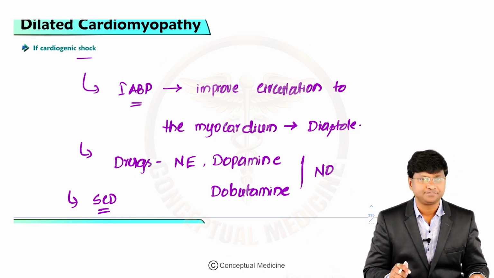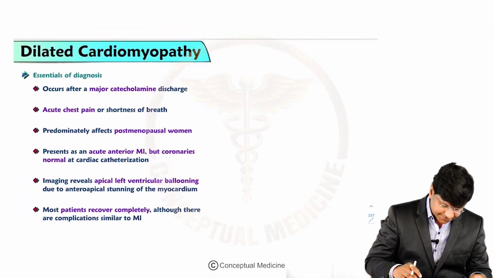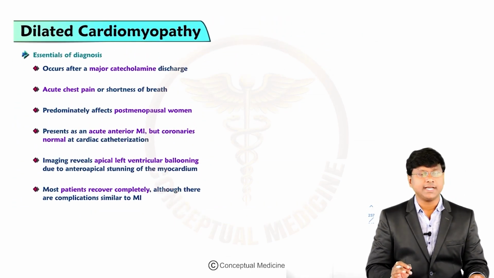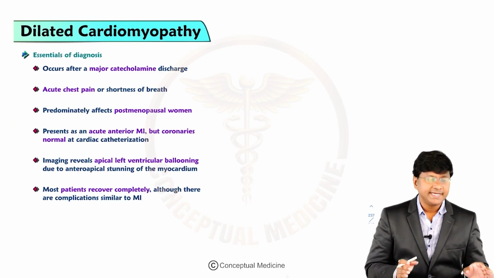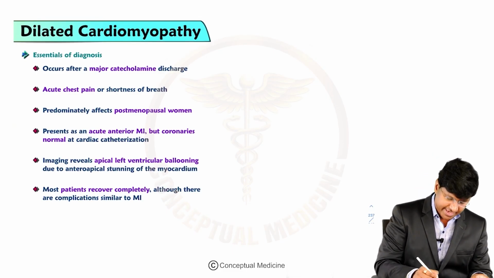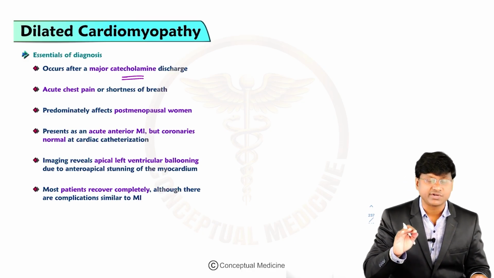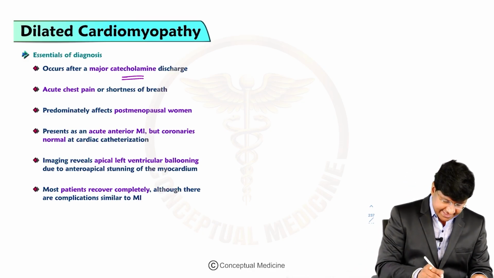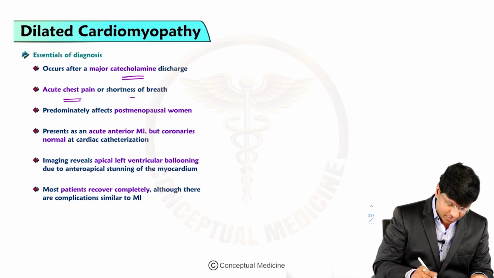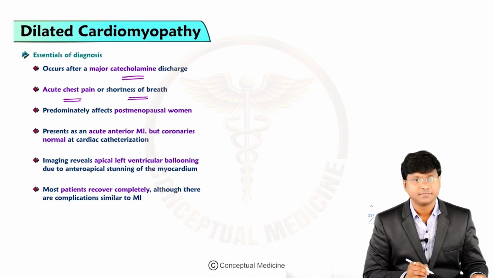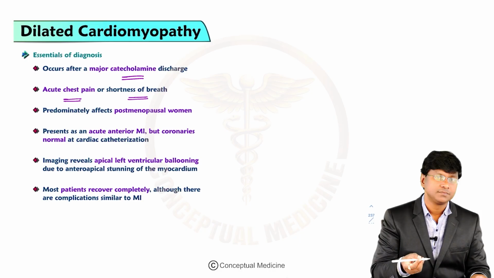of cardiogenic shock. Now, to summarize the Takotsubo cardiomyopathy, it is the disorder which occurs after a major catecholamine discharge secondary to a stressful event, and these individuals will have acute chest pain or shortness of breath. That will be the presenting feature.